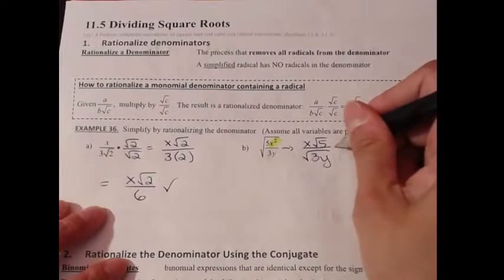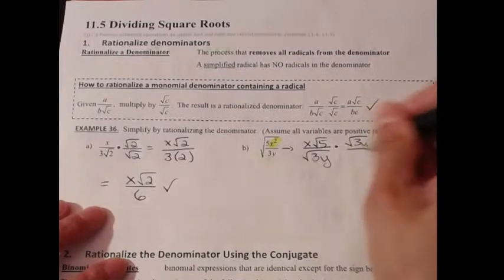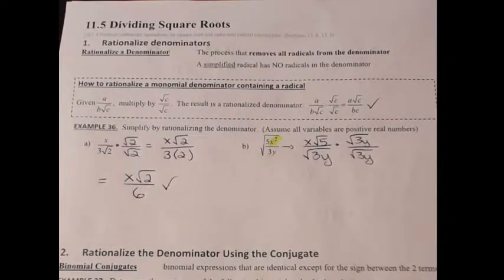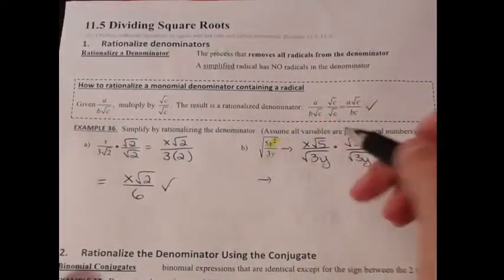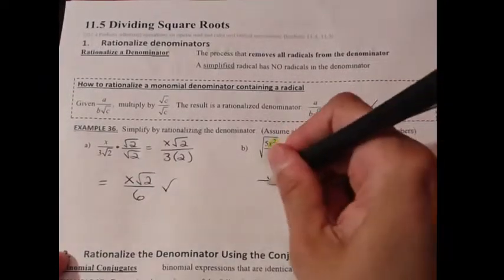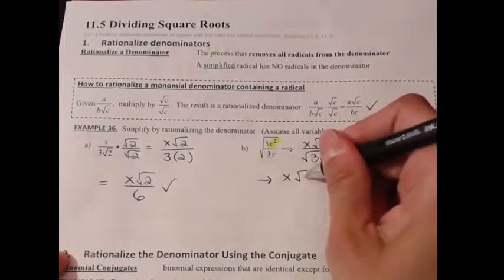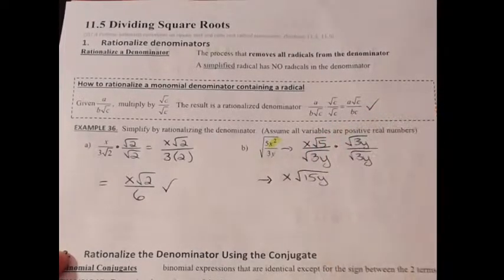So I'm going to multiply by square root of 3y over square root of 3y. I'm multiplying by 1. When we multiply, we have x times 1, which is x, and square root of 5 times square root of 3y, which is square root of 15y.